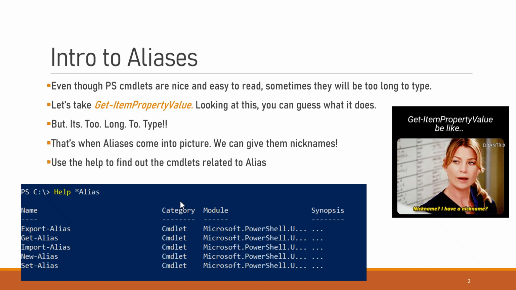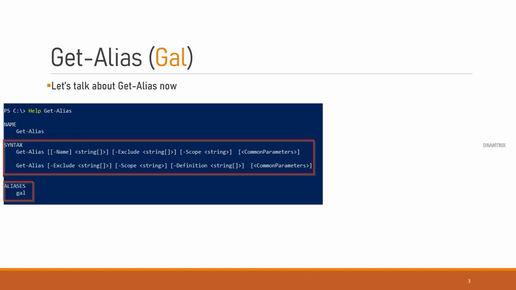So let's dive in. First thing, Get-Alias, and in the brackets you see gal. And what is gal? gal is the alias name for Get-Alias. Yeah, even they have alias names. So let's talk about Get-Alias now. First, as usual, use the help system to find out the syntax.